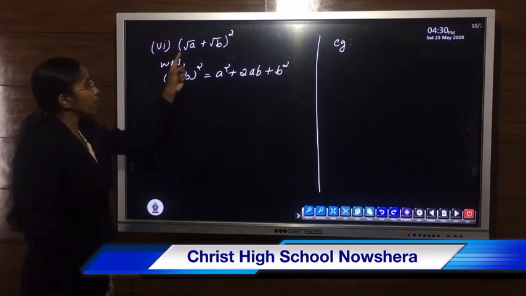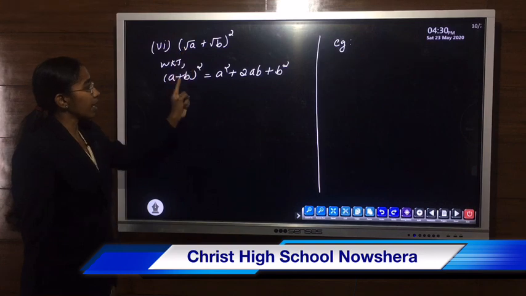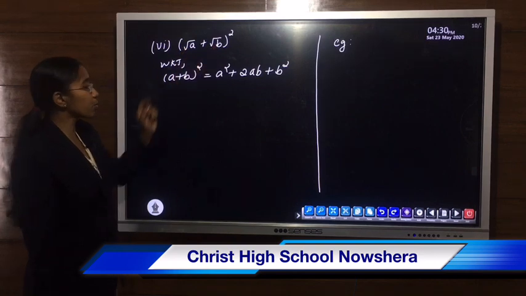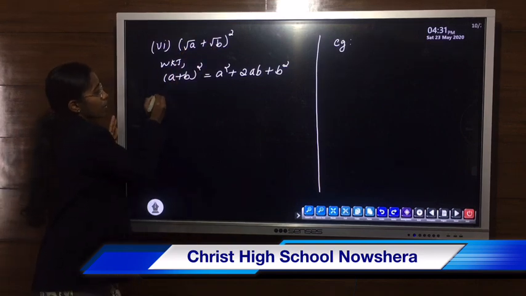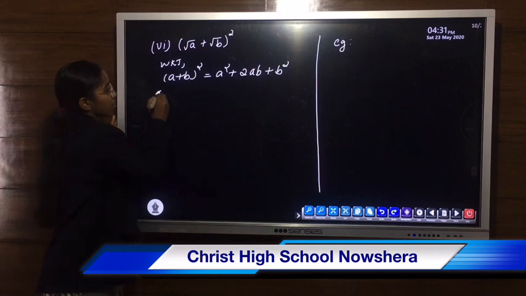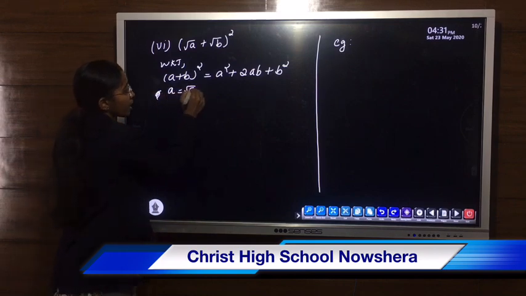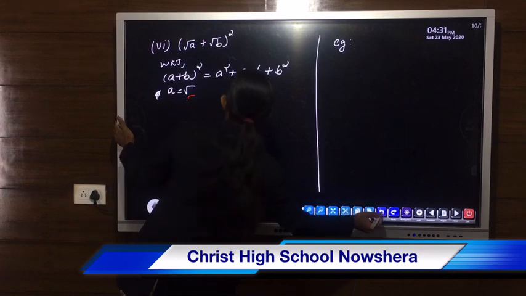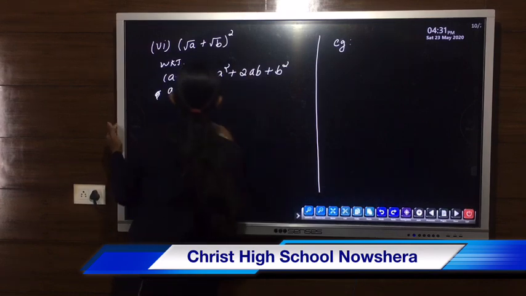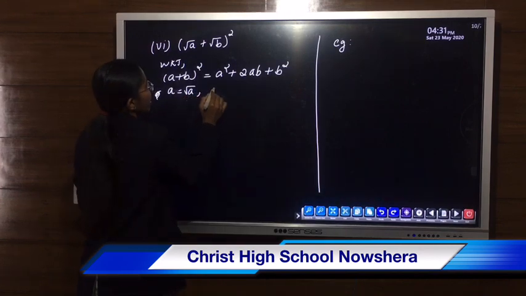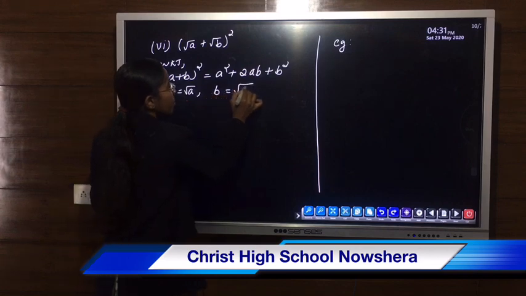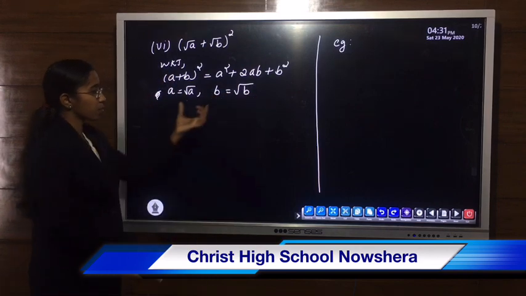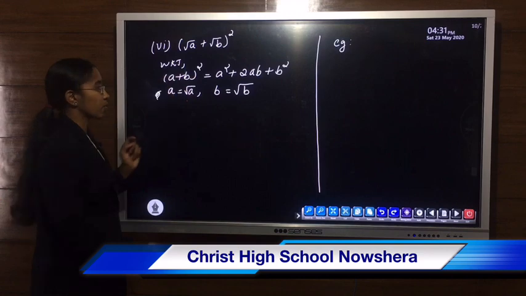Here in the place of a, root a, and in the place of b, root b. So substitute the values. Here a is equal to root a and b is equal to root b. Substitute these values in this equation.